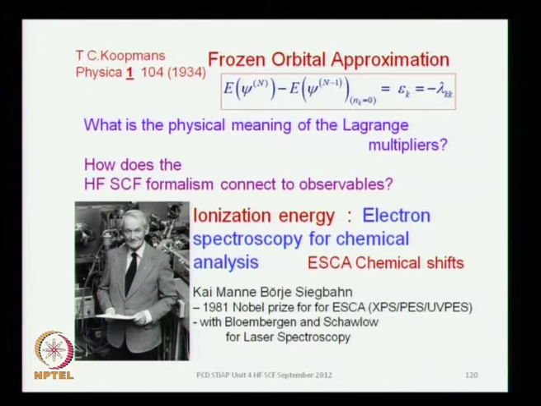It is PES, sometimes it is done using X-rays, then it is called X-ray photoelectron spectroscopy, or with ultraviolet radiation, then it is called ultraviolet photoelectron spectroscopy. Sometimes it is called ARPES, which is angle resolved photoelectron spectroscopy, because then you find at what angle the electron has come out.